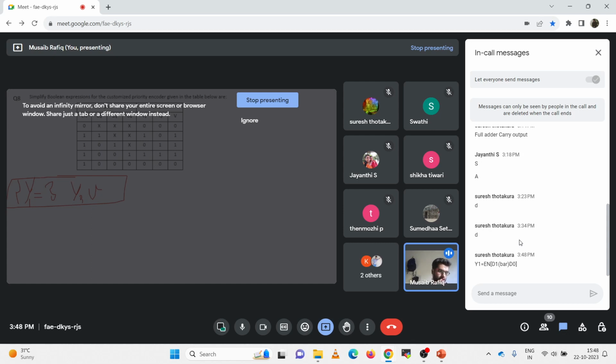So you have written y1 is equal to enable d1 bar d0. I think you are forgetting something. Kindly check it once.